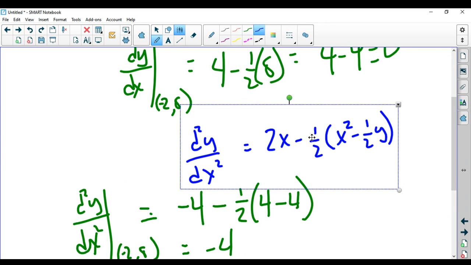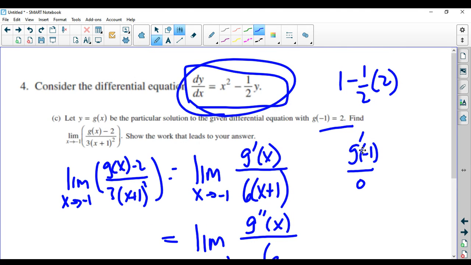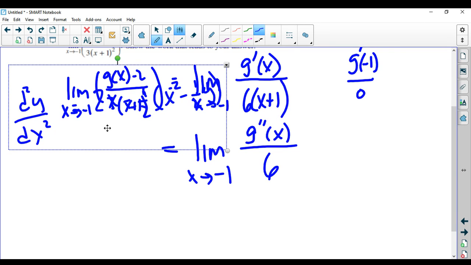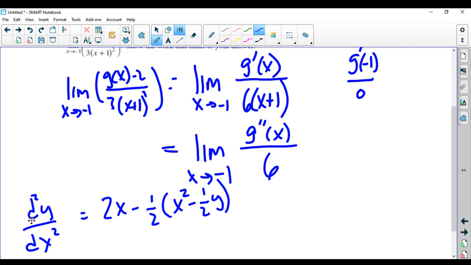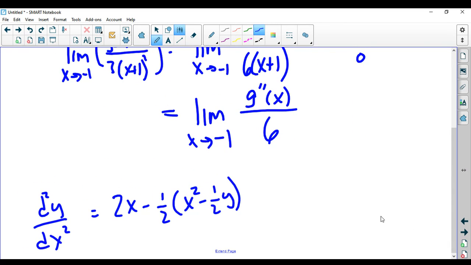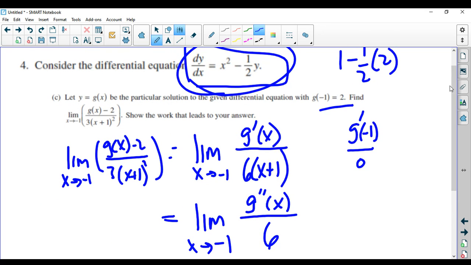So I'm going to copy this over. So I need to figure out what g double prime of -1 is. And 2 goes with -1.